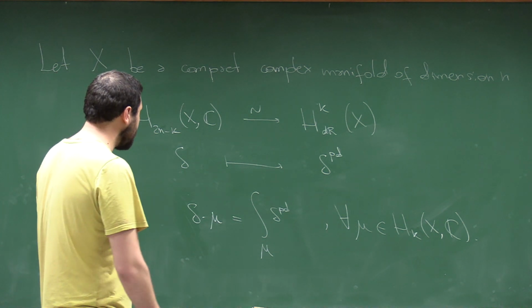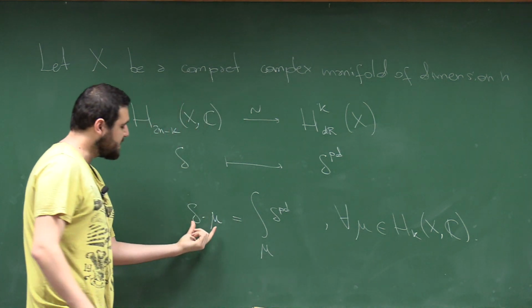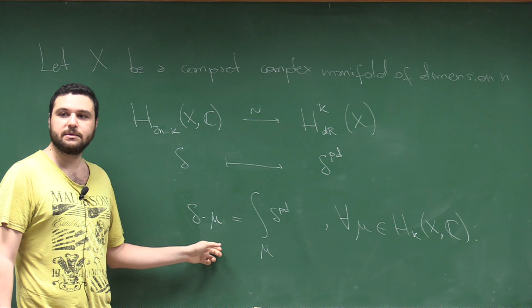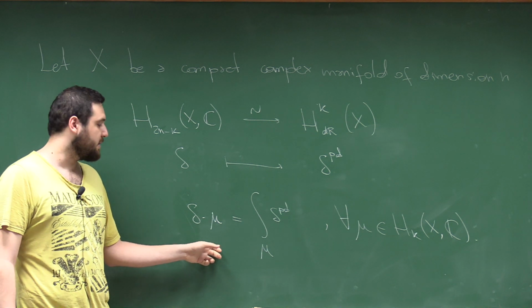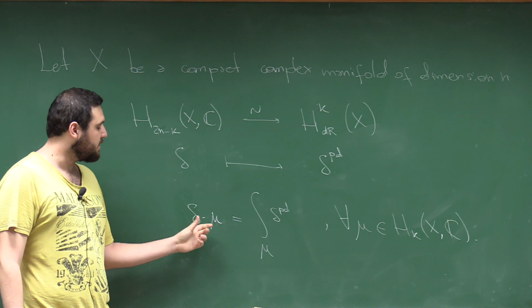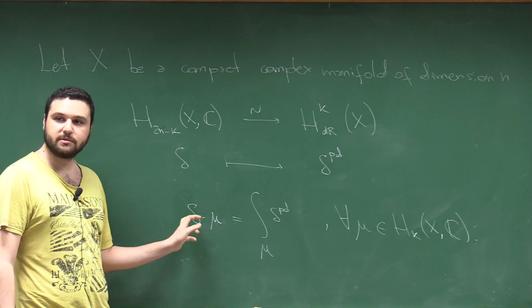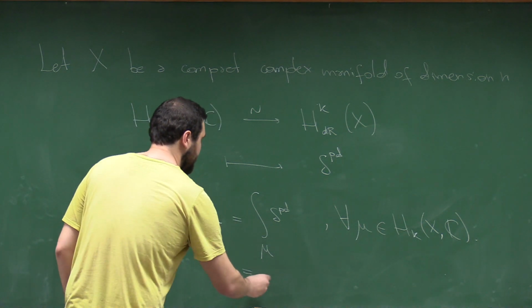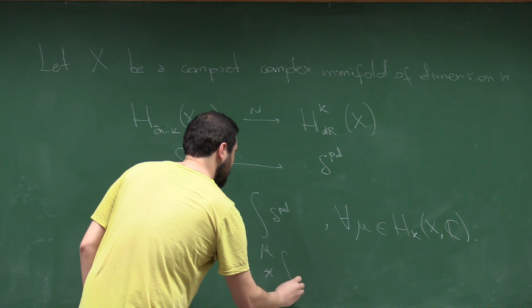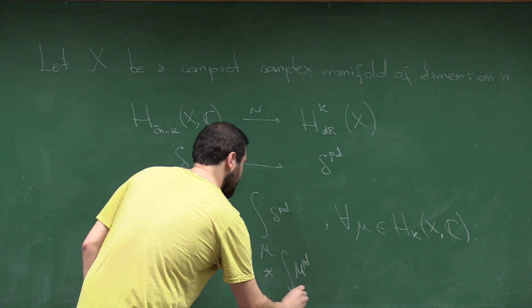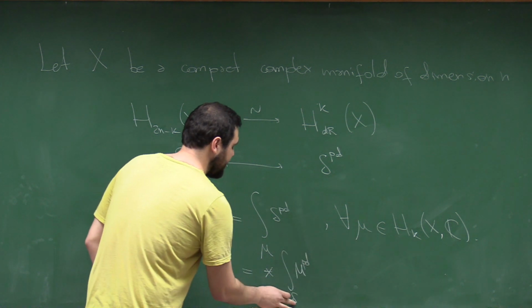Okay, so we have this map. Obviously, since this will be true for every delta and for every mu, in particular we can use the alternating property of this intersection product, and we will get that this is equal to a constant times the integral of the Poincaré dual of mu over delta.